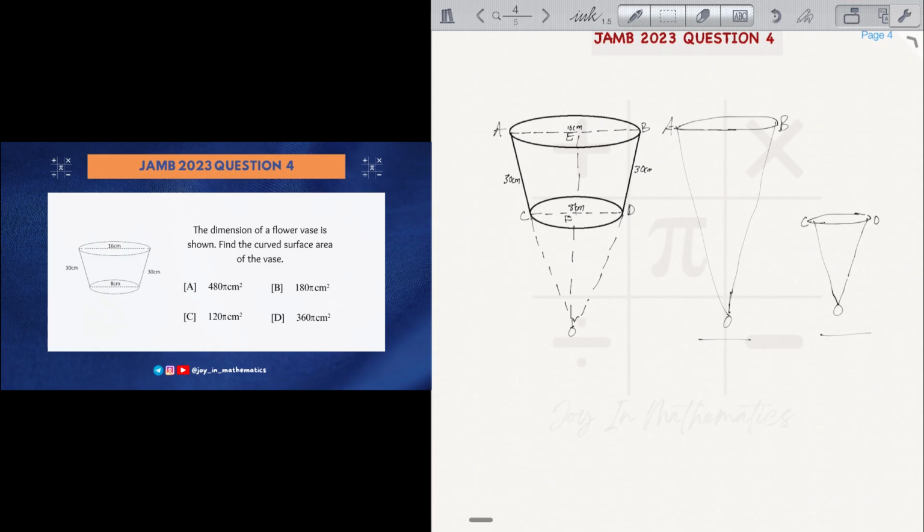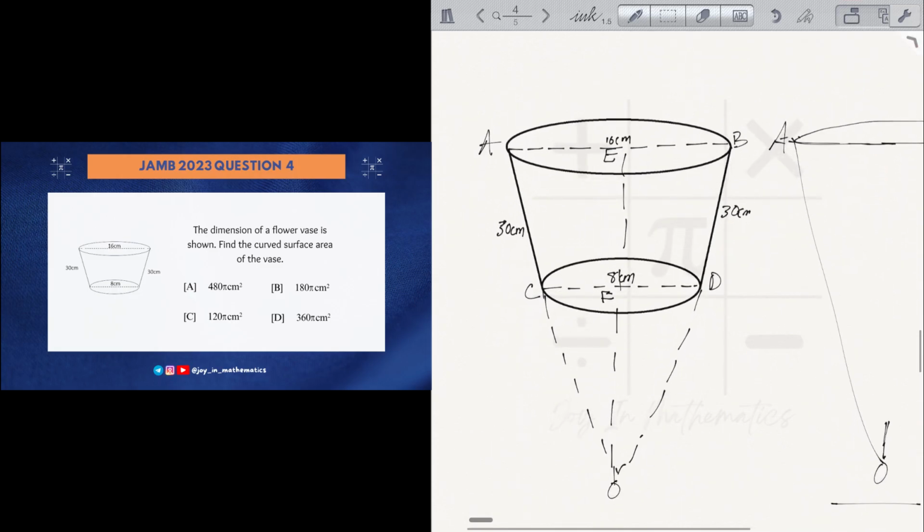Now let's look at the dimensions again. We have AEB, or AB, with a bisector E at the center to be 16 centimeter. Therefore, we can conclude that AE is 8 centimeter and likewise EB is 8 centimeter.